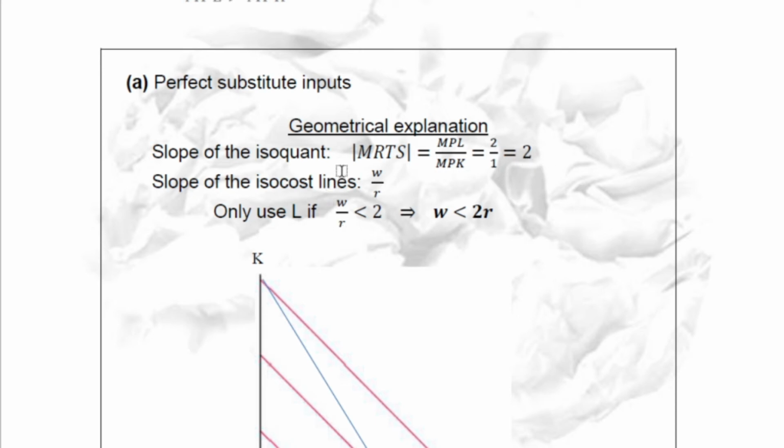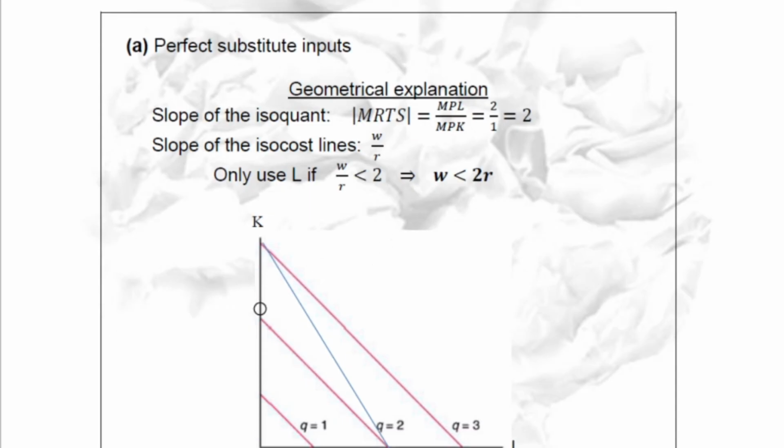The slope of the isocost lines is W divided by R. So whenever the slope of the isocost, the red ones, is lower than 2, whenever they are flatter than the isoquant, the optimum will be here because we need to find the first touch point, okay, the minimum.